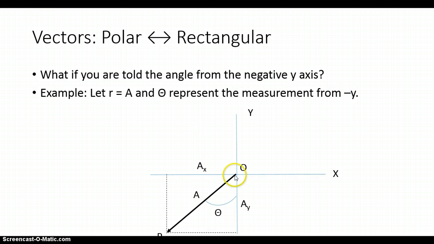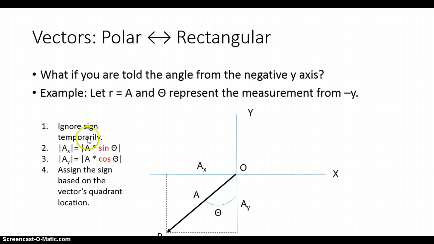Here you'll see what I'm talking about, where this is a vector, and this vector here is being measured again from the negative y-axis. So our AY projection here, and this is our AX projection. So how do we actually now represent our A sub x, in other words, the x component and the y component of this vector here?